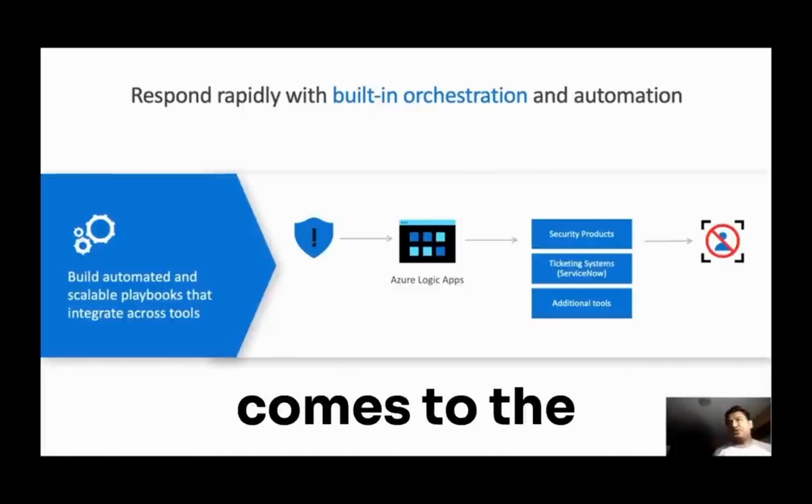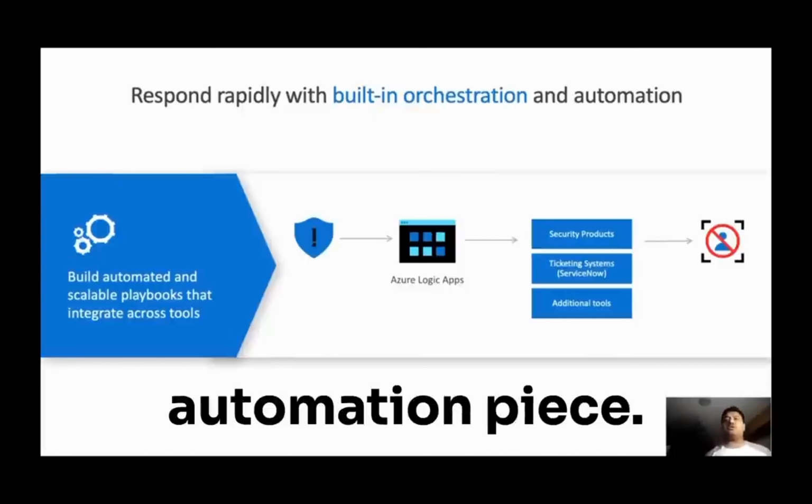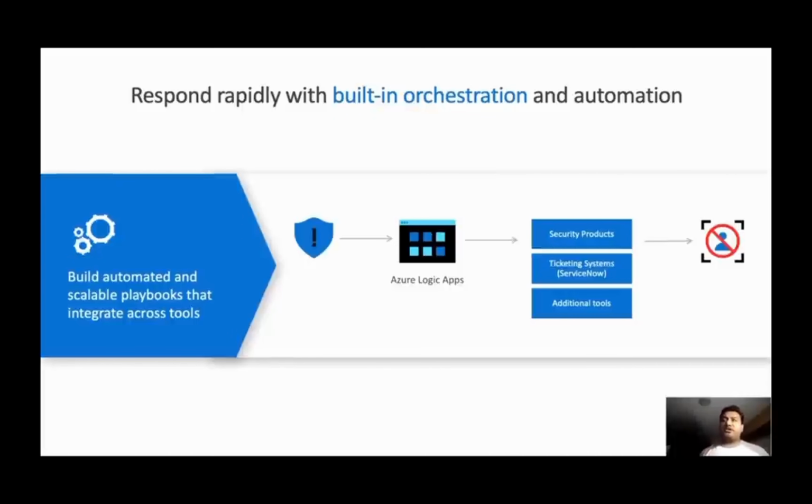Now it comes to the automation piece of it. So what we have talked about is once you're done with that, you as an analyst or your security operation working on that. So some of the tasks where you just want to take automated action. So you can be proactive. You don't want to be reactive and wait.